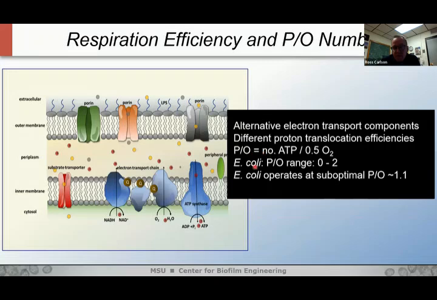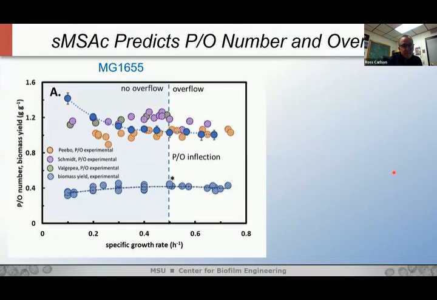PO number, of course, being the number of ATPs that can be made per half an oxygen, so per single oxygen atom. The theoretical range, again, is 0 to 2 in E. coli, but what you'll notice experimentally is they don't operate at a maximum efficiency. They operate at a value of about 1.1. Question is, does this membrane usage provide us a theory for interpreting that number?